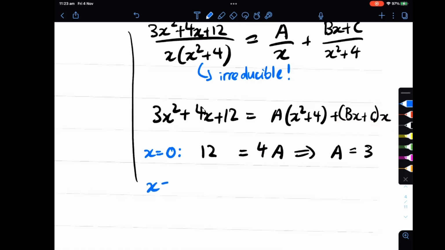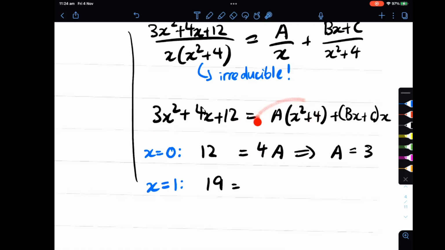So what else could we try? Okay, the next bit's going to be annoying. We could try maybe x is equal to 1 or something. Yeah, we'll try that. And we might have to solve some simultaneous equations too. So on the right, we're going to get 7 plus 12, which is 19.